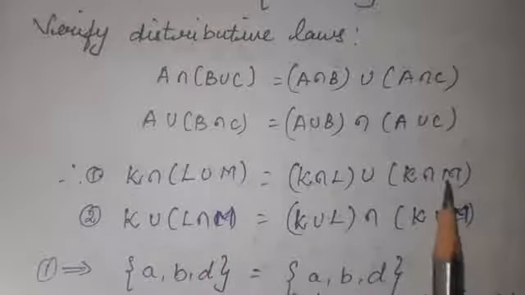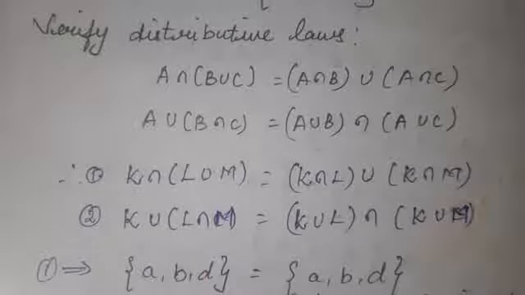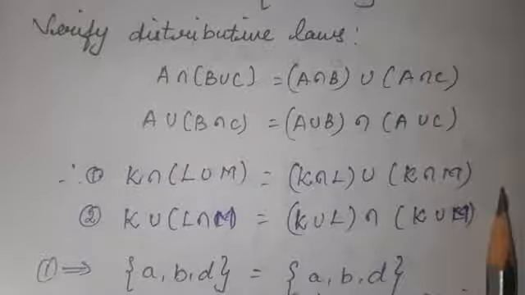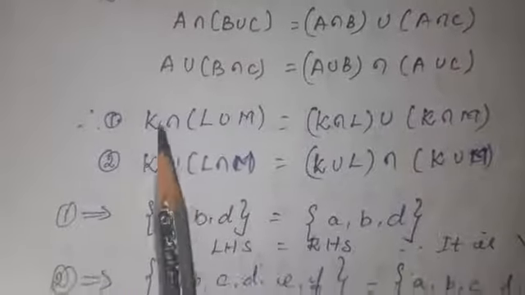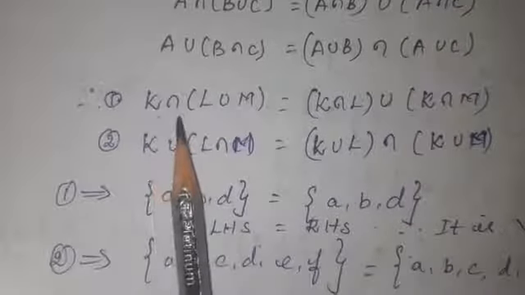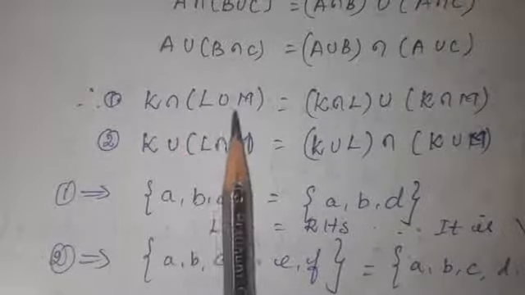The first one is intersection over union. The second one is union over intersection. At last, both are distributive laws. See here, the first formula I have taken: K intersection (L union M).